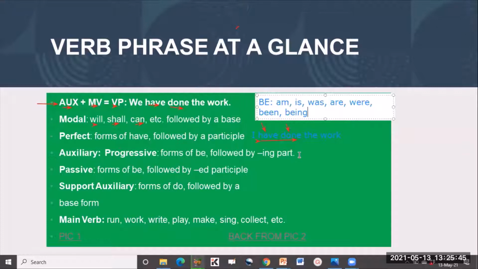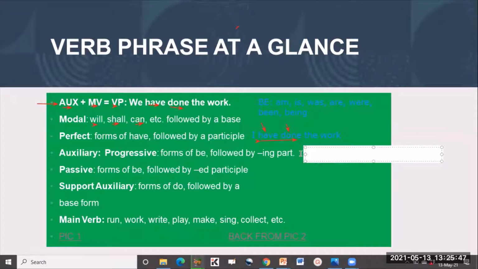And so in that case, if we take is, for example, and we say Rose is singing, all right, or singing a new song, for example.